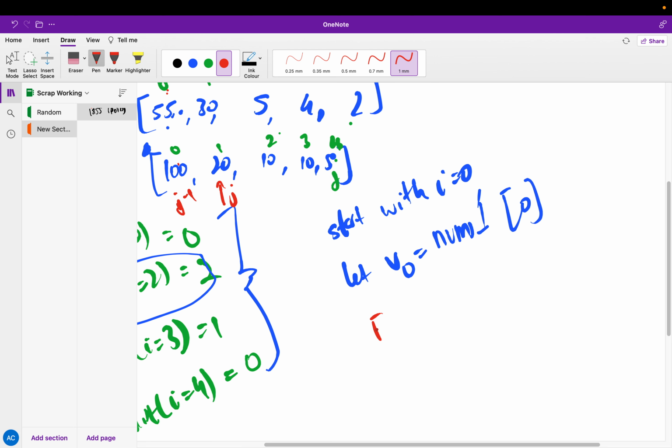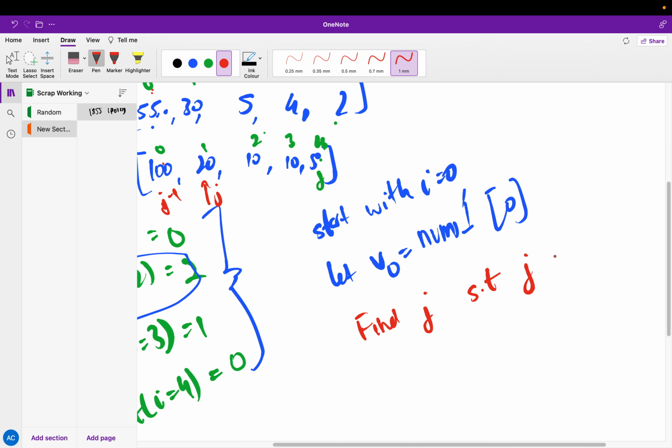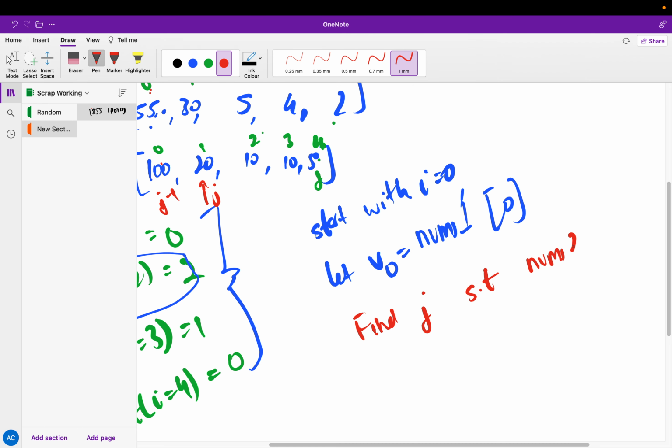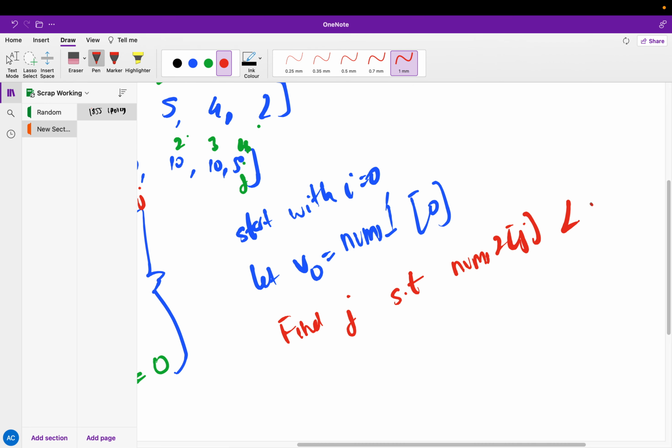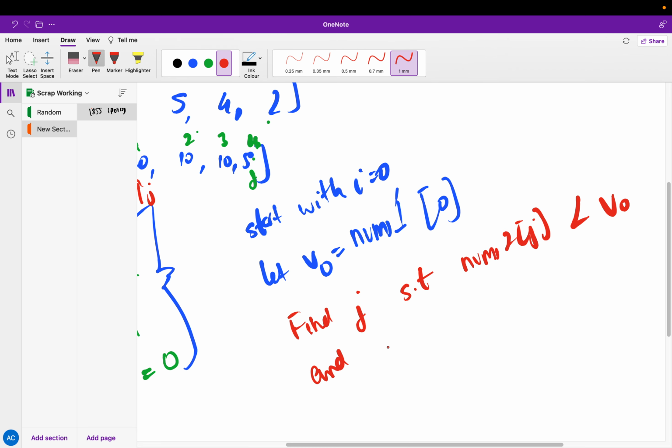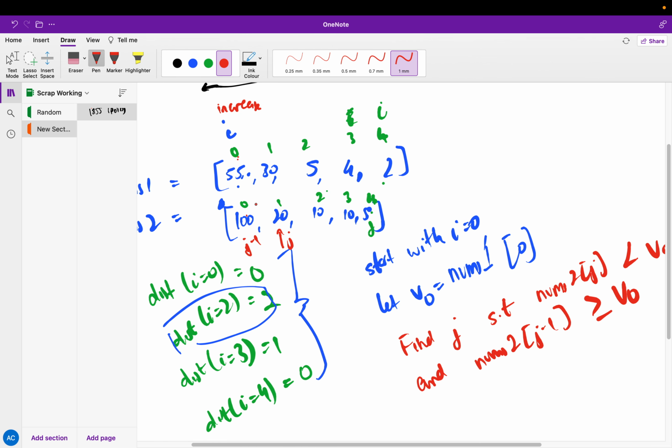So find j such that nums2 at j is smaller than v0 and nums2 at j minus 1 is bigger than or equal to v0. Now there is the case of what happens if this number is already too small. Then I'm not sure what to do, but for now, let's just leave it like that.